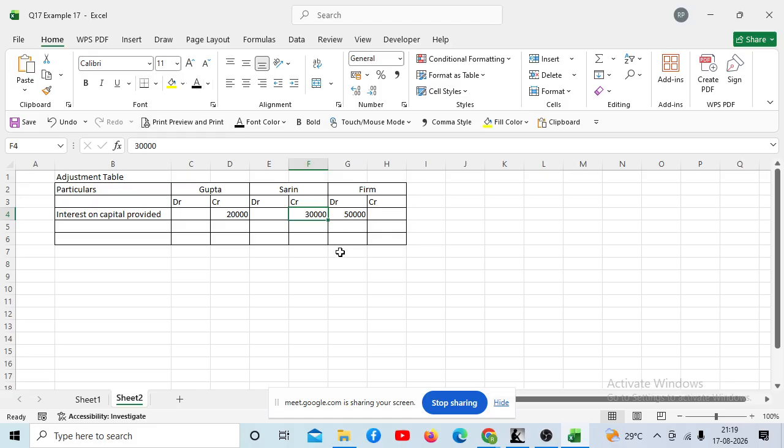Now we will close this firm account, right? We have here the total on both sides, 50,000 and 50,000. So what is the difference? The difference is 50,000, right? Now this difference, since it is on the credit side over here, here it will be debited. This 50,000 will be distributed among the partners on the debit side in their profit sharing ratio.